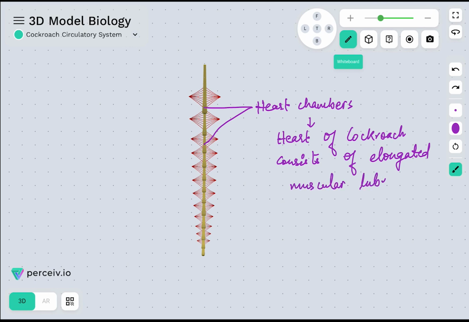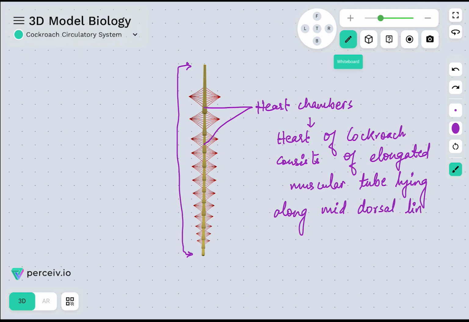So you can see that starting from here to here is an elongated muscular tube-like structure, lying along the mid dorsal line. That means since it is lying in the middle of the body of the cockroach, it lies along the mid dorsal line of the thorax and abdomen.